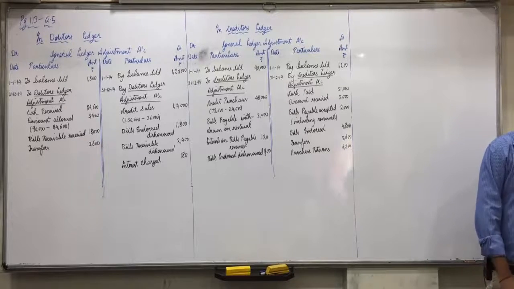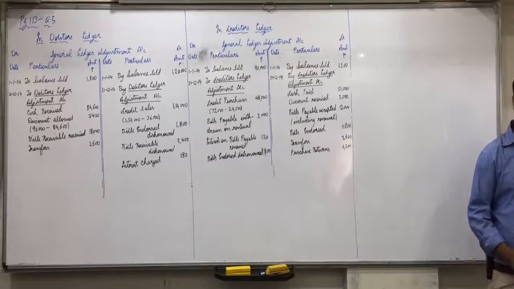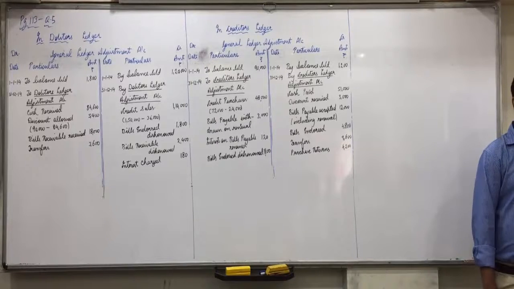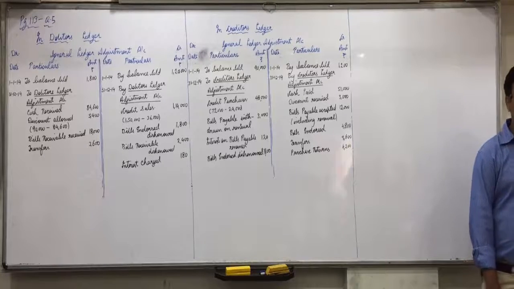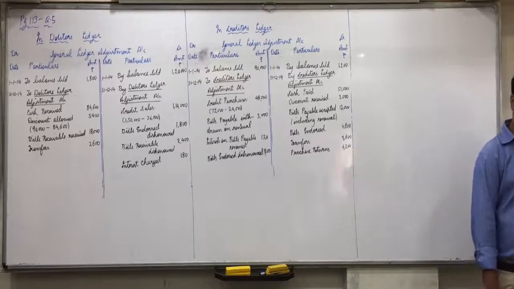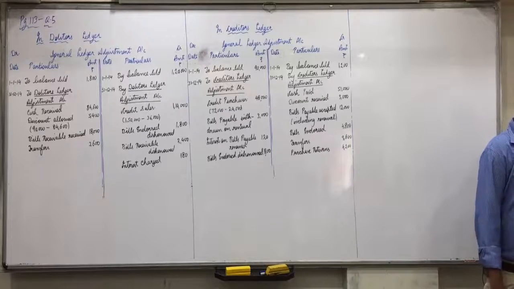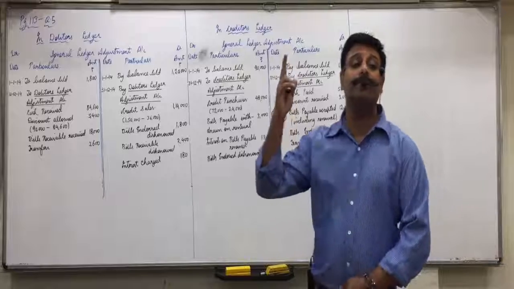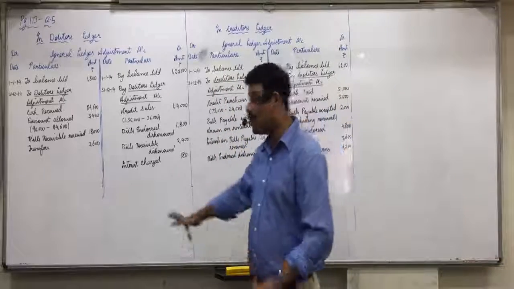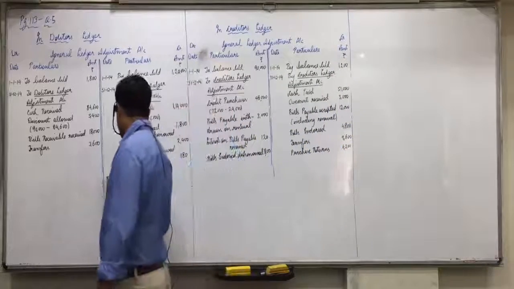At both places write credit in brackets. Because debtors is a small amount, we assume it is a credit balance, the opposite, advance balance. And creditors is a big amount, so we assume it is the normal balance, which is a credit balance. Now debtors balance credit. Normally in debtors we would write it on the debit side, but in the general ledger on the credit side.